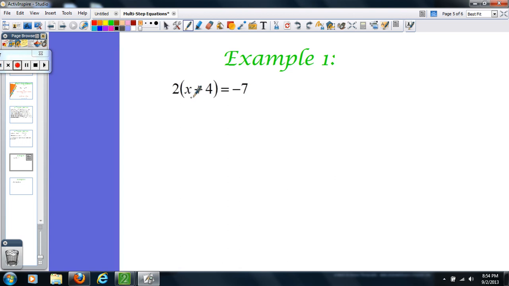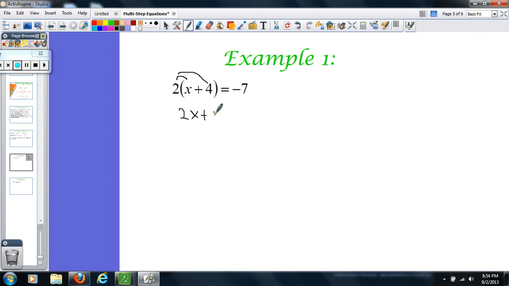So we have the problem 2 times the quantity x plus 4 equals -7. And again, what we start with is what we call our given. Now I'm going to be doing the distributive property, so that becomes 2x plus. When I distribute, it's with multiplication outside, and that 2 goes to everything inside.